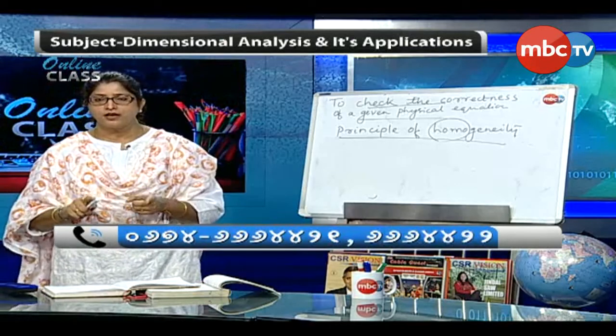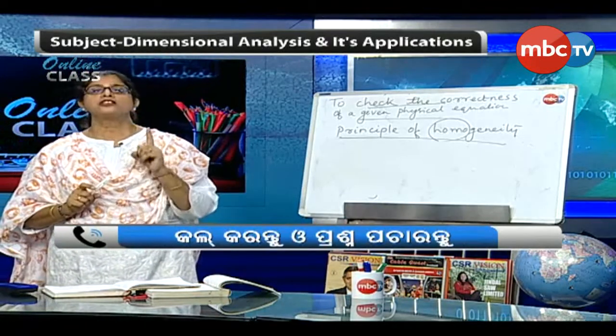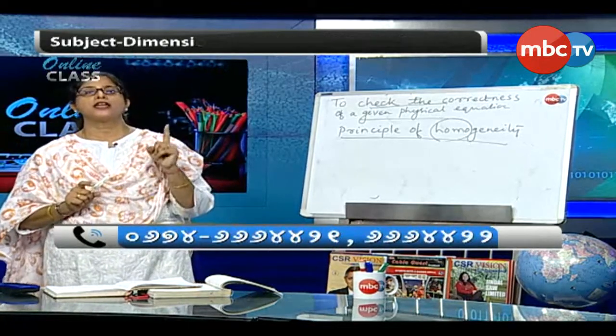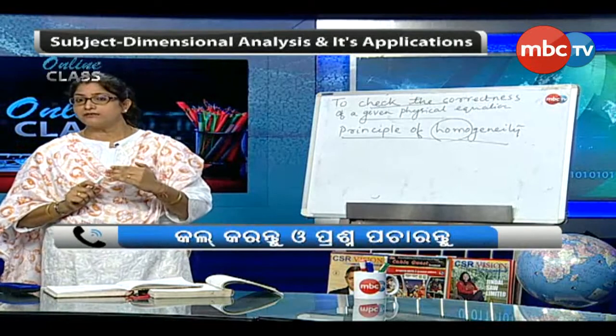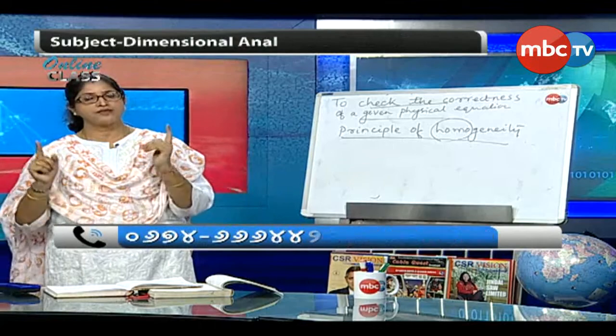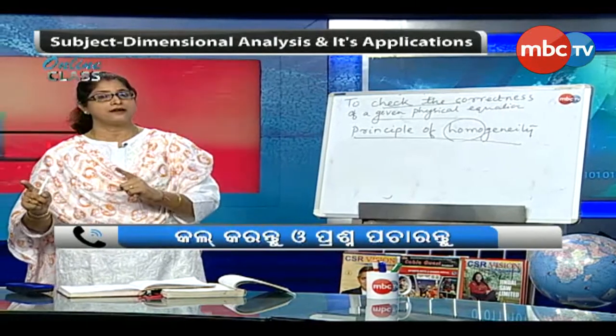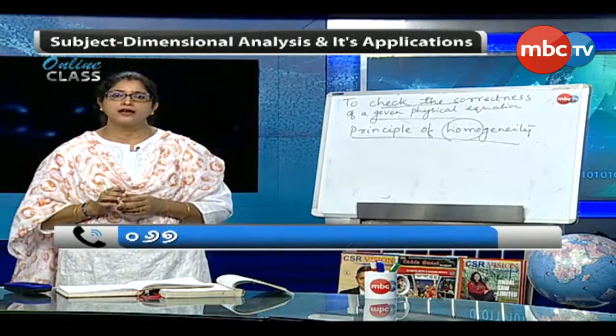I repeat, according to this principle, if each term on both sides of a physical equation have same dimension, then we can say that the given physical equation is dimensionally correct.